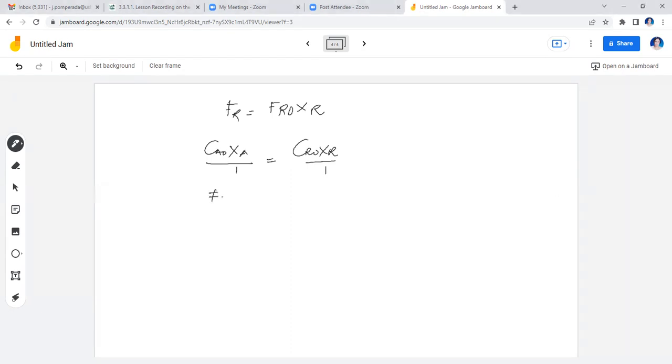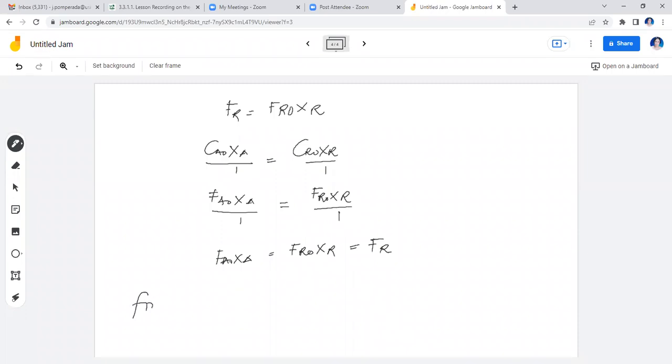So you can write this as FAOXA over 1 and F sub RO XR over 1. Conclusion: FAOXA is just FROXR, which is just equal to F sub R.